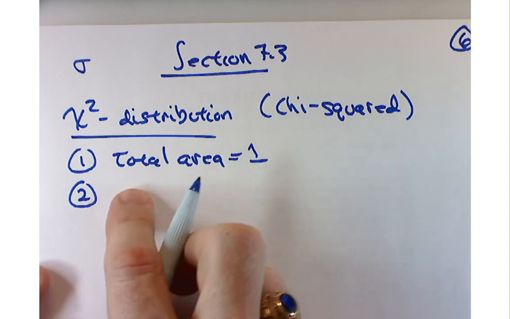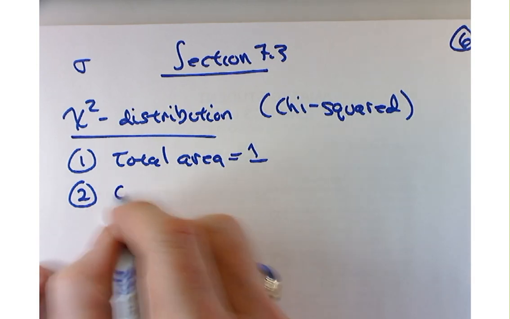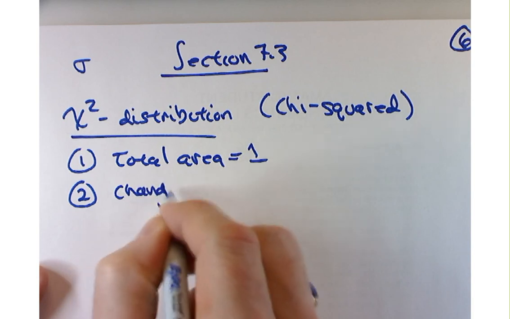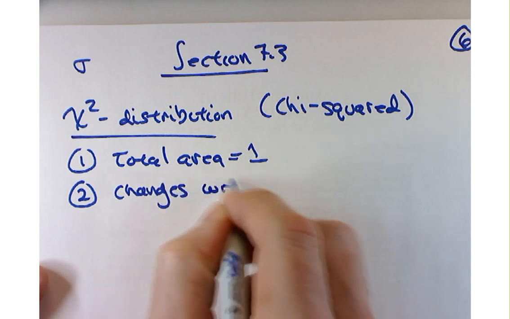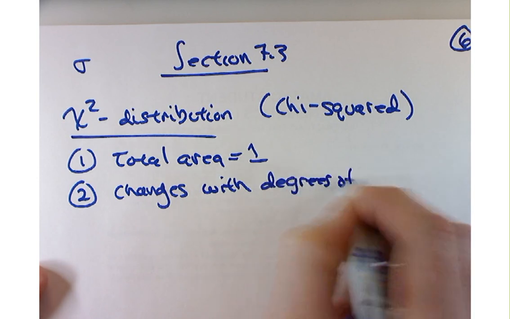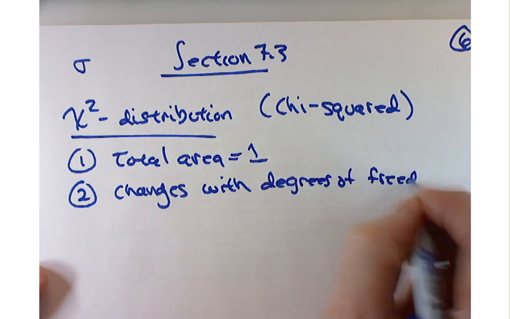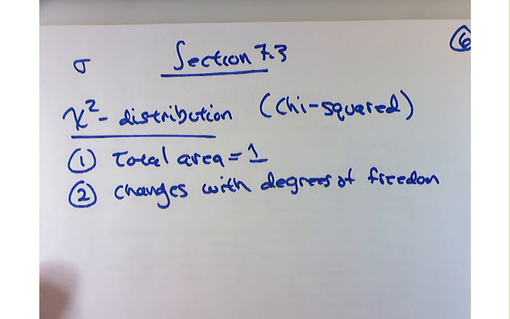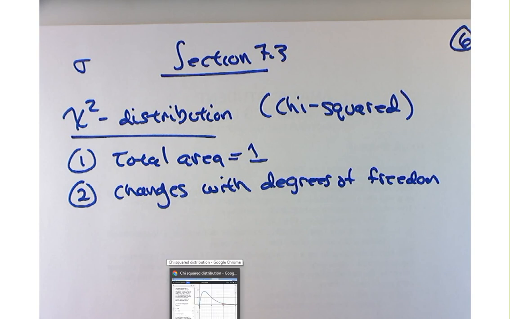Like the t distribution, it changes with degrees of freedom. And I'll show you that change. Got a nice little Desmos presentation thing to show you how that shape changes.